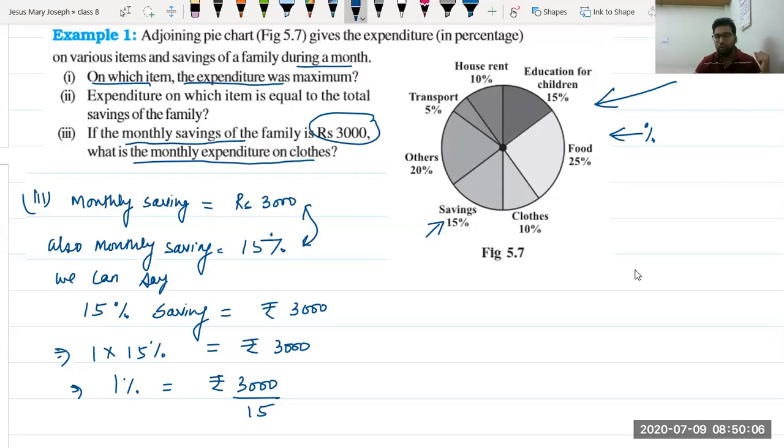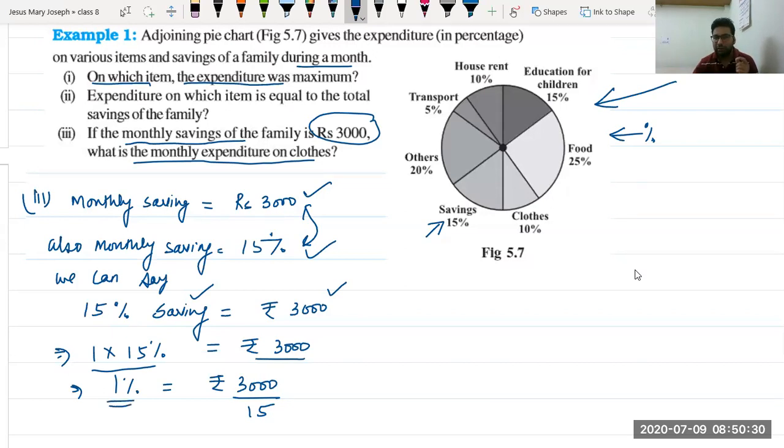For that, we will use savings. Given to us is that monthly saving is rupees 3000 and monthly saving is also 15%. So we can say they both are equal. So I have written 15% saving is the same as rupees 3000. Now this can be written as 1 into 15% equal to 3000.